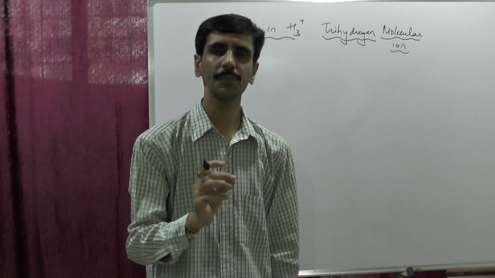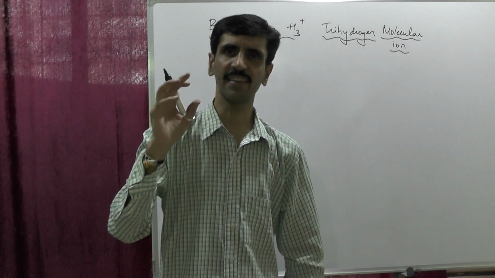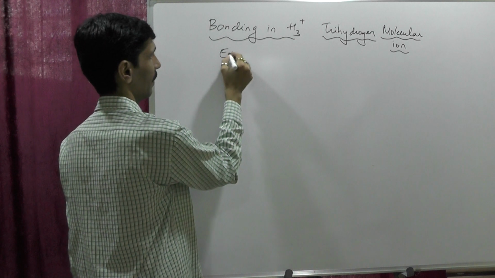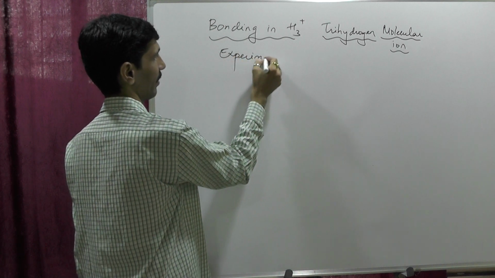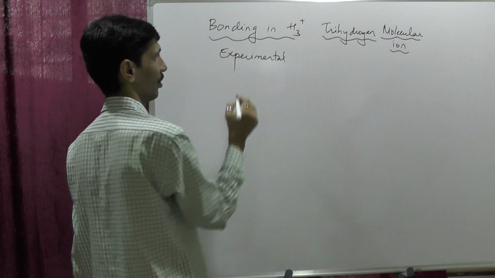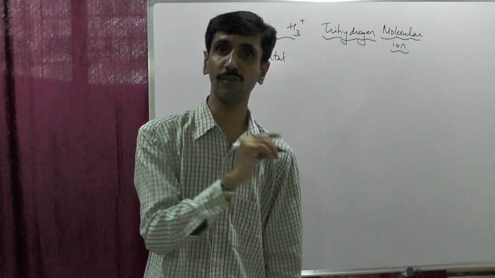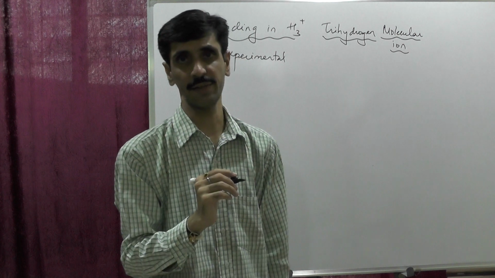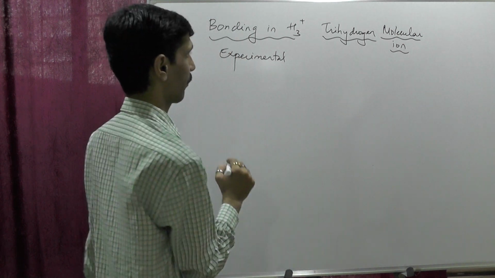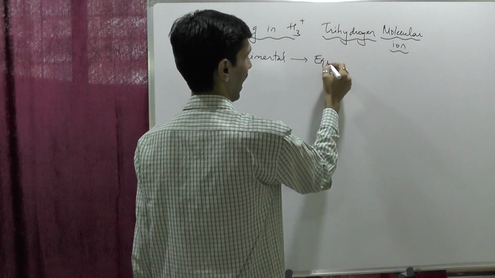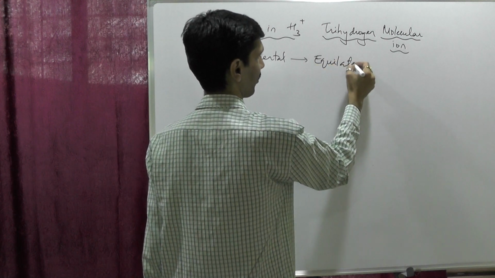So to begin with, when we talk about an H3 plus ion, experimentally it has been found. Experimental is something which is going to be actual results which are being found out. It's not factual. Theory factual hota hai, experiment actual hota hai. So experimentally it is being found out that this molecular ion has an equilateral triangular geometry.